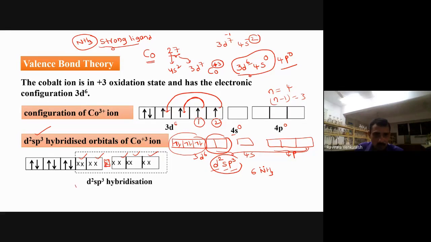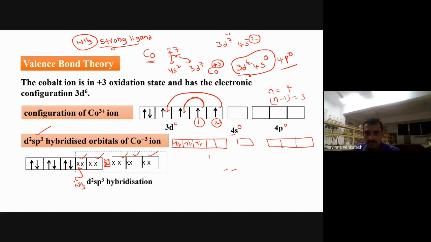Now what is happening here? One ammonia, NH3, is donating the lone pair to an empty orbital here. Shall I again make it like this? Now here one ammonia is donating a lone pair. Second ammonia also donating a lone pair, because the ligand function is to donate a lone pair to the central metal ion.